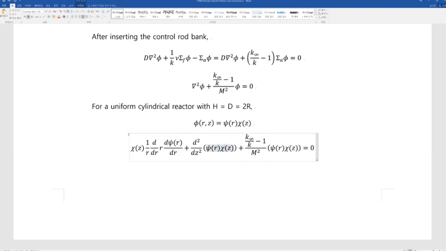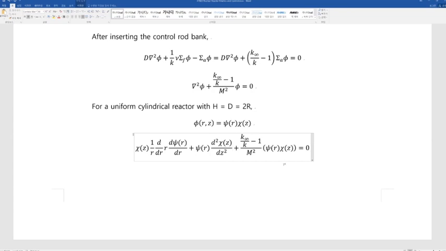In this case, psi, which is only dependent on r, will not be affected by the derivative with respect to z. So this can be taken out. So in terms of z, this psi function is simply a constant. So the derivative with respect to z is only performed on chi.